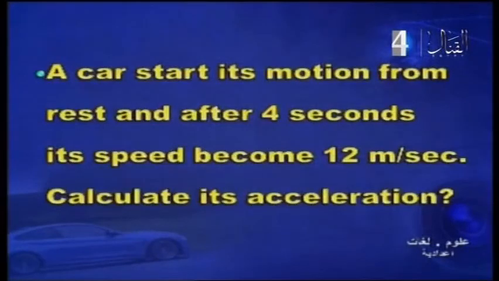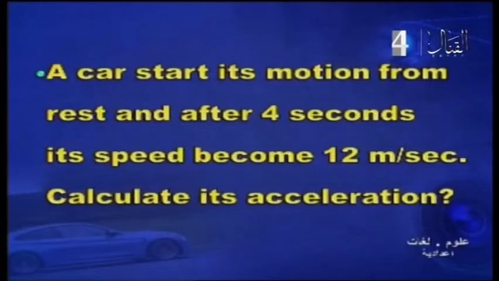A car starts its motion from rest. So here, the initial speed, or V1, equals 0. And after 4 seconds, which is the time, its speed becomes 12 meters per second, its final speed, or V2. Calculate its acceleration. To find acceleration, we must have the time, initial speed and final speed.